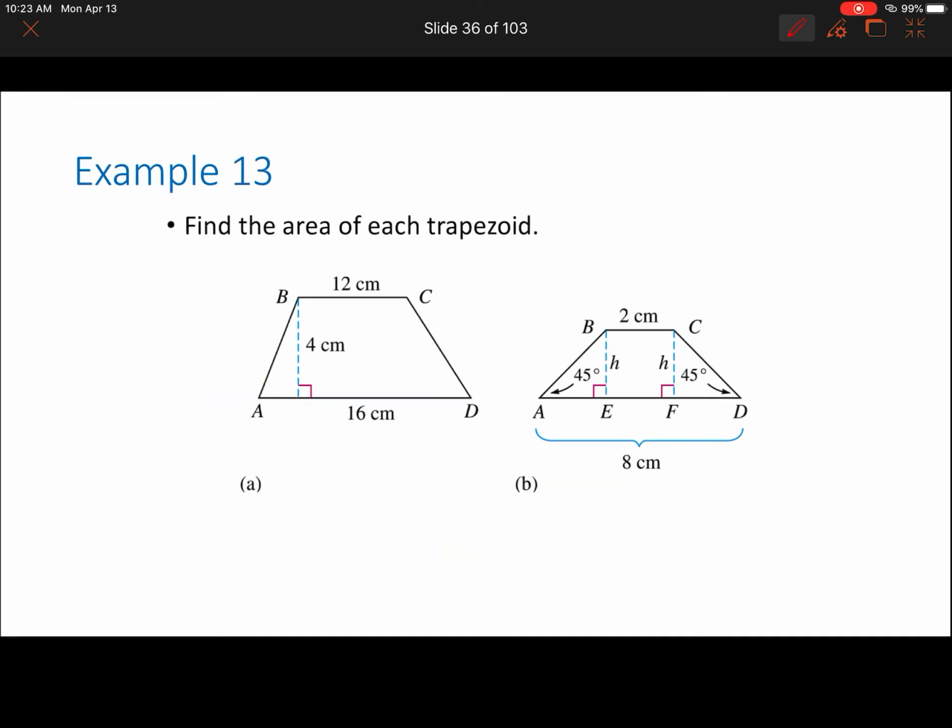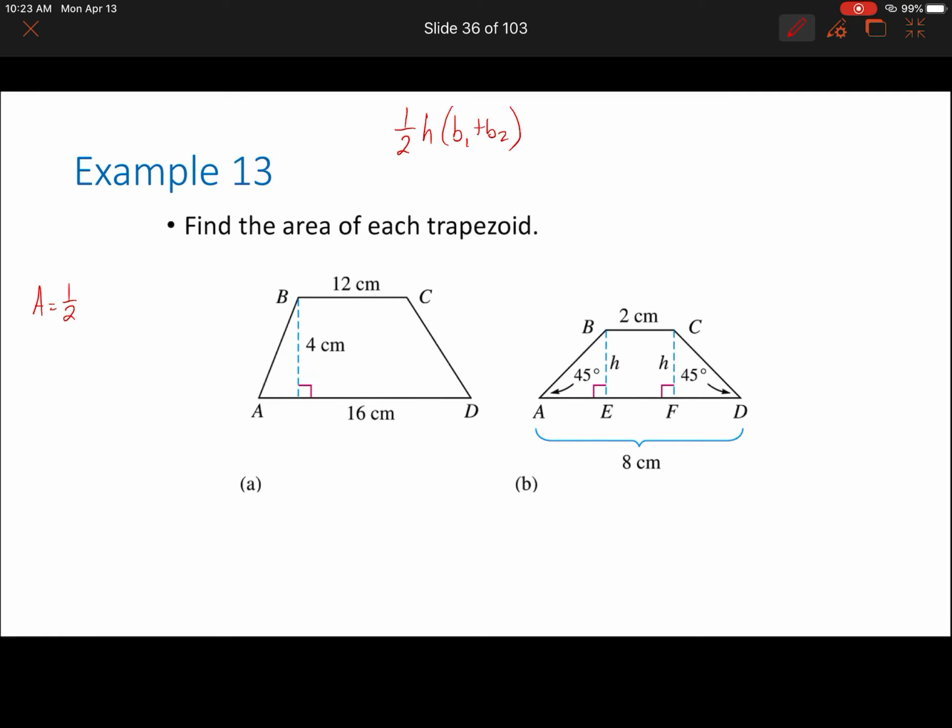So let's try that one. Let's try to use that. So again, at the top of the screen here, I'm going to put our area for trapezoid. So it's 1/2 times the height times base 1 plus base 2. And so we want to find, in our first example, the area.